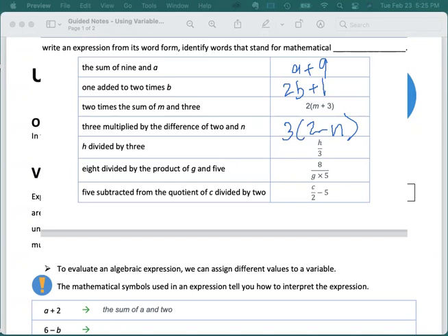So this is good practice for how to read the math sentences out loud or write them down.